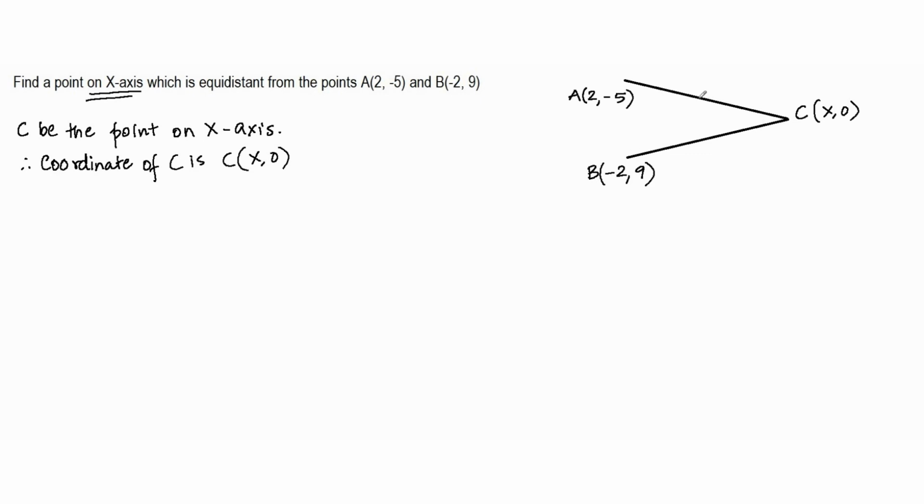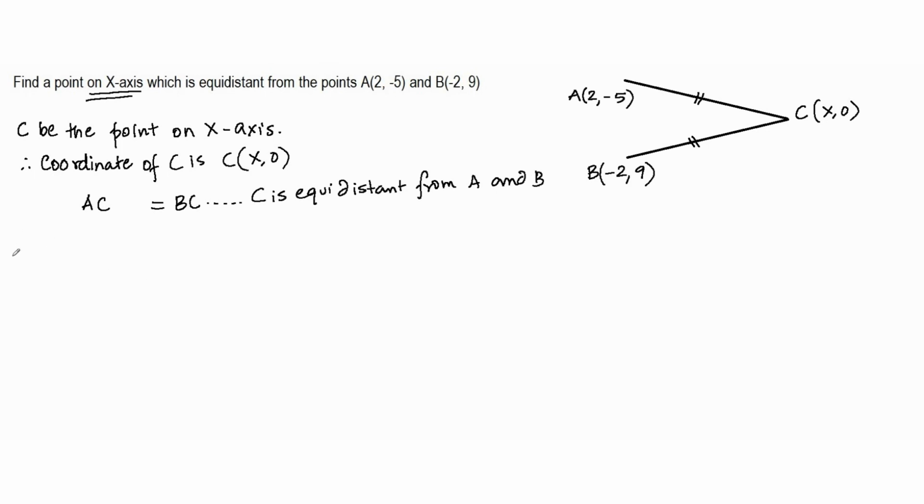It is given that C is equidistant from these 2 points, right? That means I can now say that the length of AC is equal to the length of BC, and this is because C is equidistant from A and B.